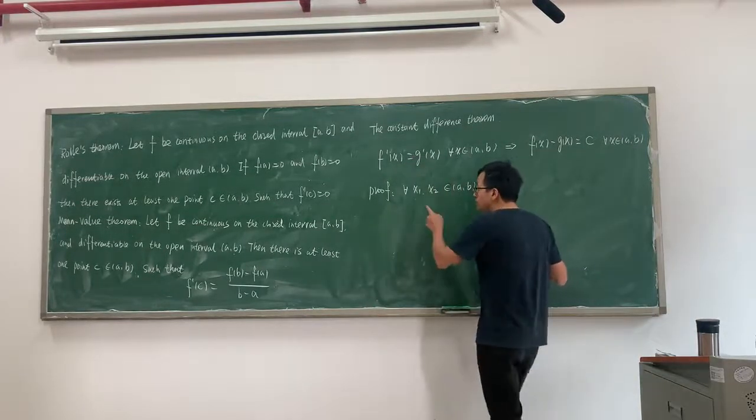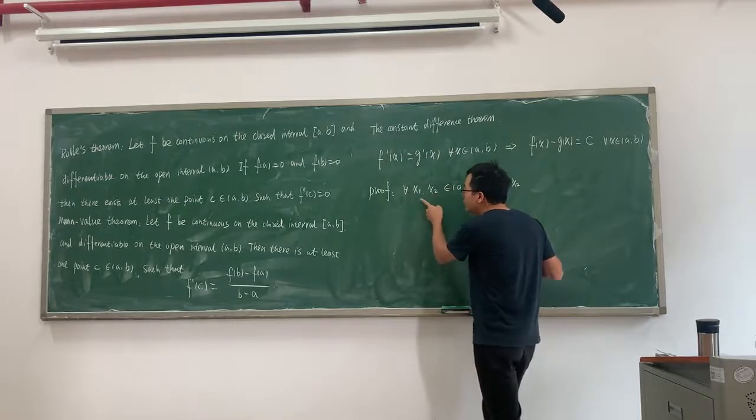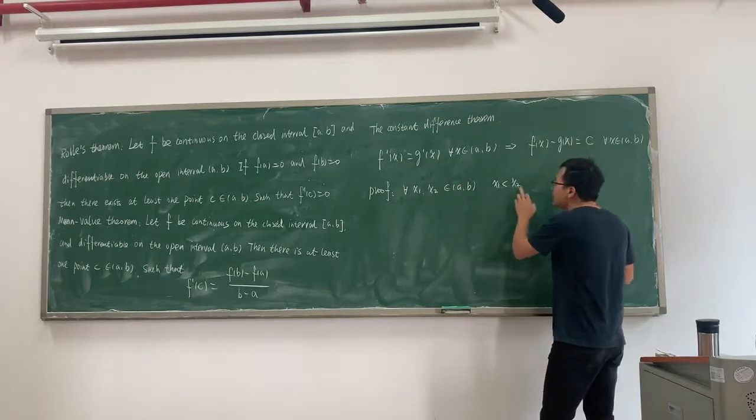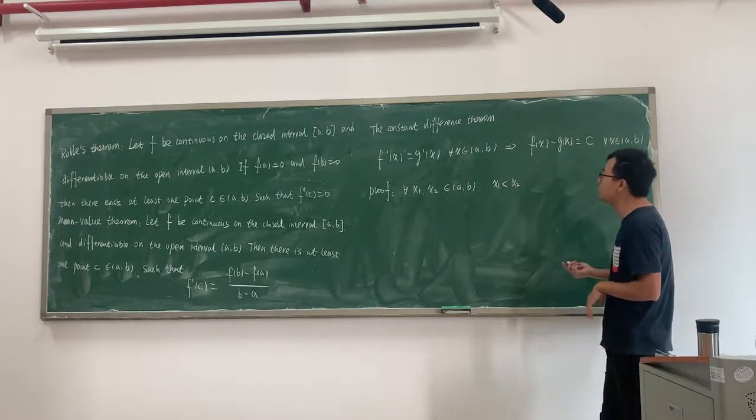We choose two points x1, x2, any two points, such that x1 less than x2.